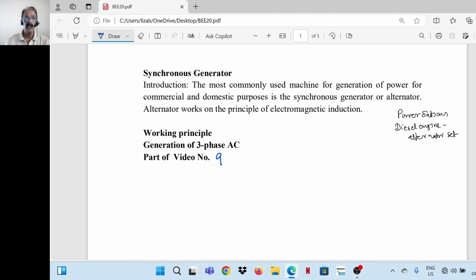You know the need of electric power nowadays, so the role of synchronous generator is very important in our day-to-day life. Now the working principle of a three-phase AC generator is covered in video number 9. I'll reproduce a part of video number 9, just the working principle of synchronous generator.